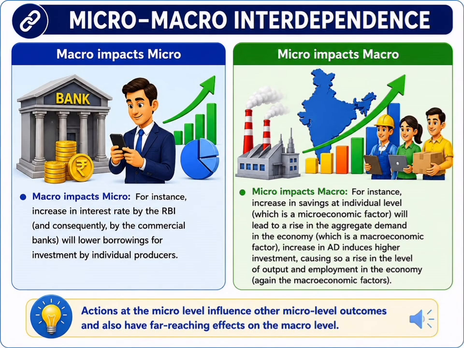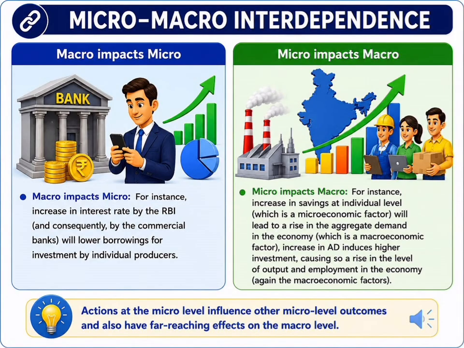Macro impacts micro. First, let's see how macroeconomics affects microeconomics. Macro means decisions taken for the whole economy. For example, the Reserve Bank of India decides to increase the interest rate. This is a macroeconomic decision because it affects the whole country. Now, what happens?